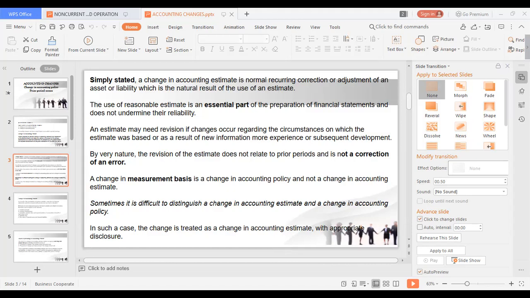Next, we go to problem 9-5. In 9-5, we have Bangko Construction Company, which has used the cost recovery method of accounting since it began operations in 2017.